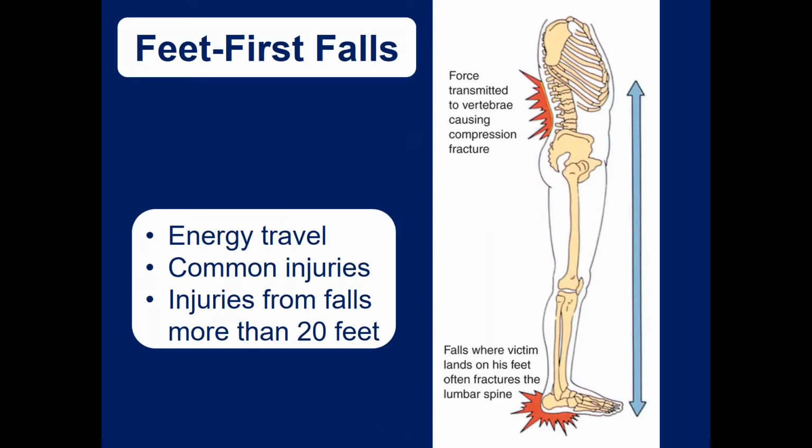So I mentioned falls, and the direction of travel and our patient landing on their feet. A fall of more than 20 feet for an adult is going to be a significant mechanism of injury. When our patient lands feet first in this fashion, the energy is being transferred directly up the body. That transmits straight through.